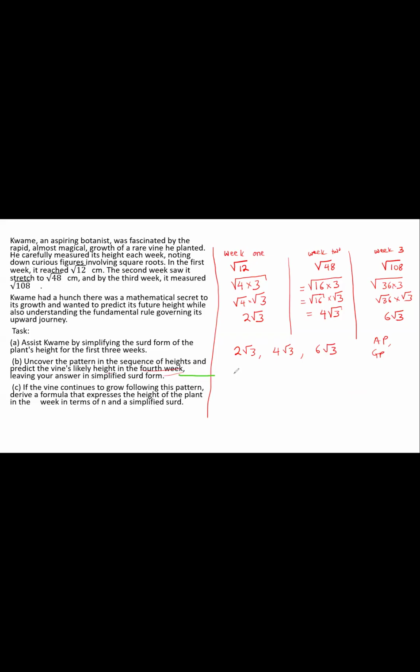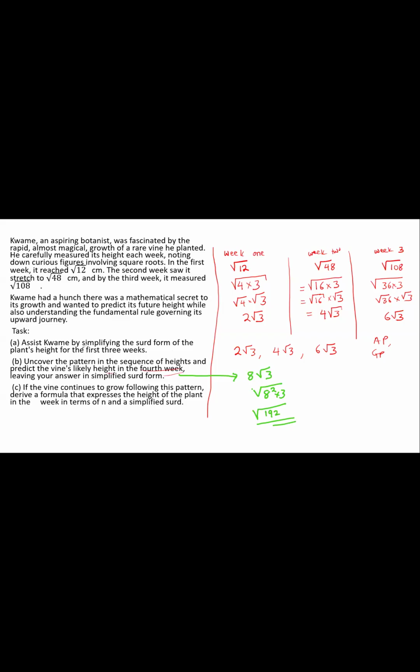So for the 4th week here, we shall have 8 root 3. Now, to put it in the simplified form of the surds they wanted, you can take it back and say this is 8 squared times 3, so it will be the same as 192. Okay. Let me hope that is very okay. Yes. Thank you, teacher.